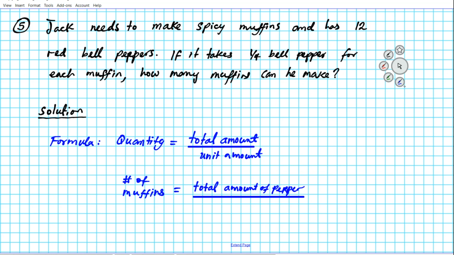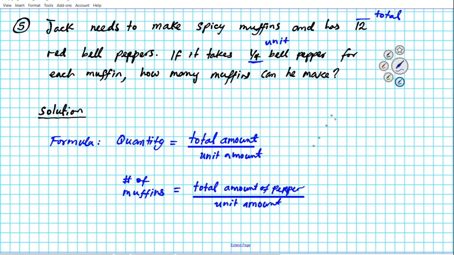When I say unit amount, for each muffin, how much pepper do you need? In this problem, we're told that for each muffin, you need a quarter of a bell pepper. So this is the unit amount right here, and this is the total amount. So total amount of pepper divided by the unit amount.